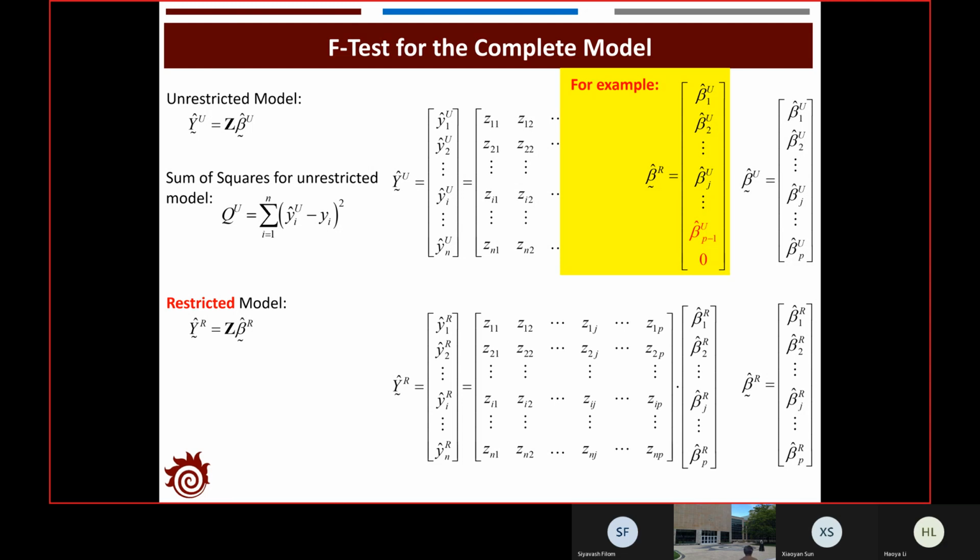For the restricted model, we don't need to think about the last column. We just use the rest of the p minus 1 variables to do the regression, and with that we can find the sum of the squares for the restricted model. We define this one as QR to represent the restricted model.